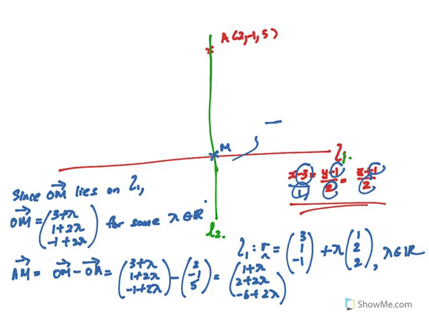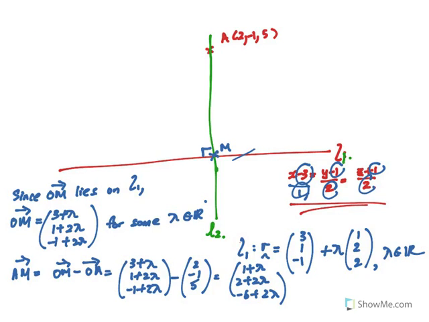We also know that AM is perpendicular to line 1. So AM dot product with the direction vector of line 1 should be equal to 0. So (1 + lambda, 2 + 2 lambda, -6 + 2 lambda) dot (1, 2, 2) equals 0, where (1, 2, 2) is the direction vector of the line.